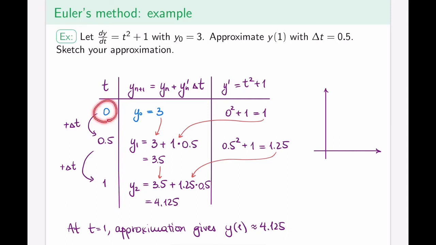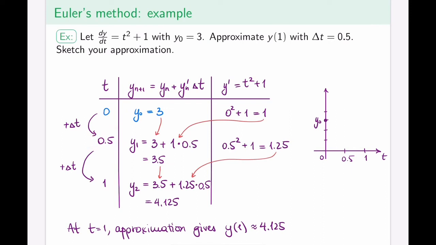I have the t-values go 0, 0.5, and 1. And the corresponding y-values at 0, I was up at 3. So let's say 1, 2, 3. This was y0. At 0.5, the y-value was 3.5.